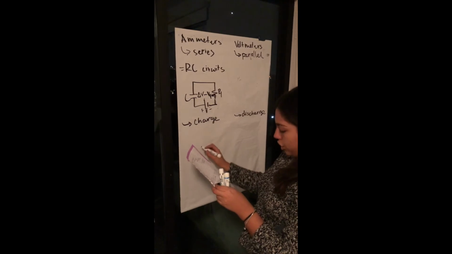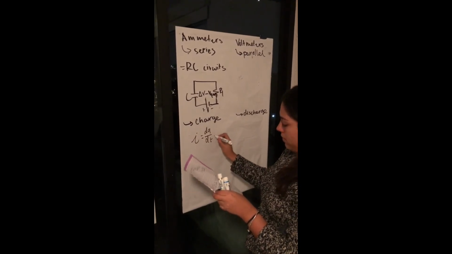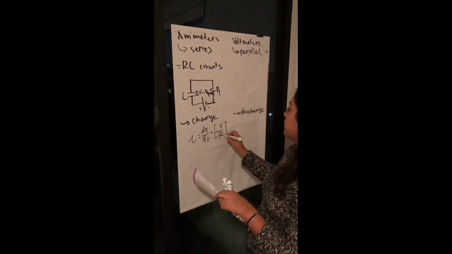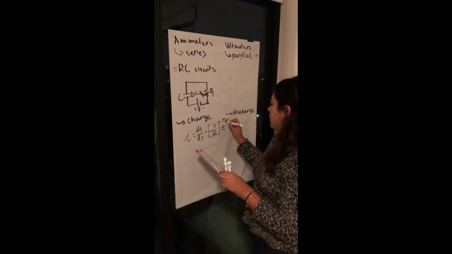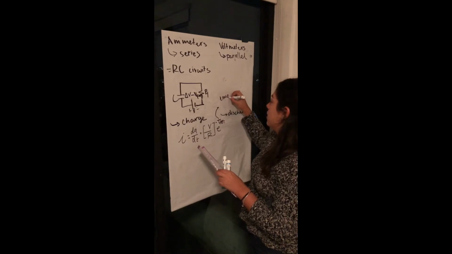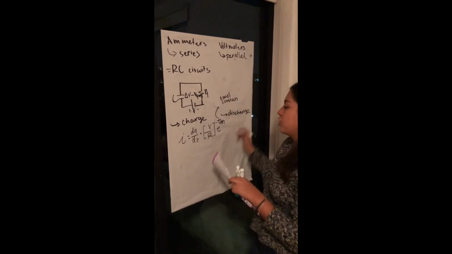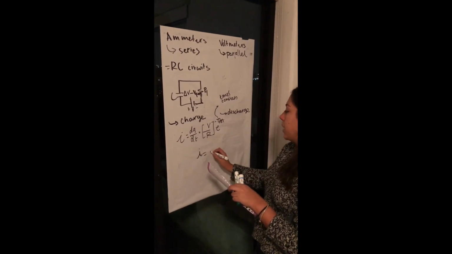So the charge is given by the formula where tau is the time constant. And the discharge would be given by the same formula, except that it would be minus.